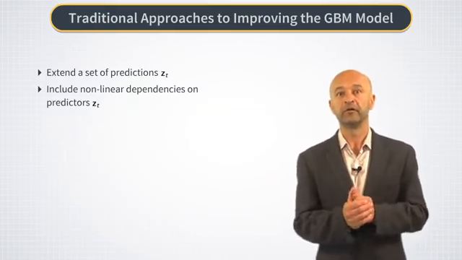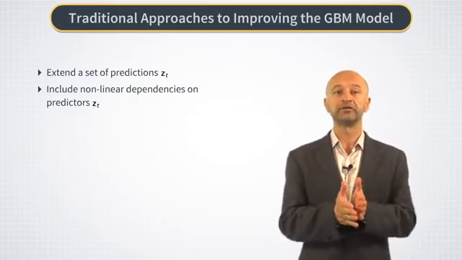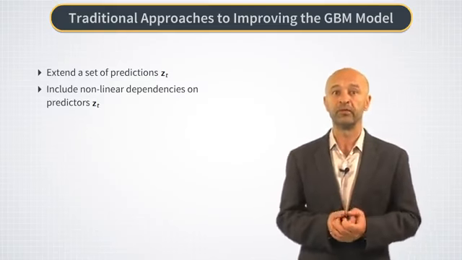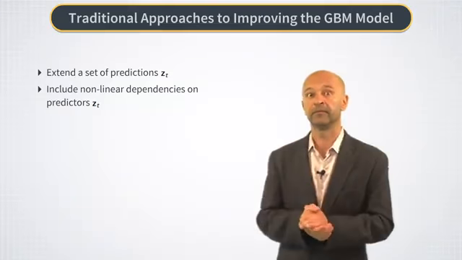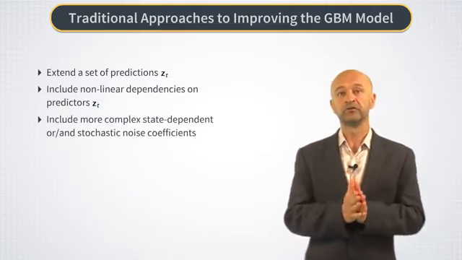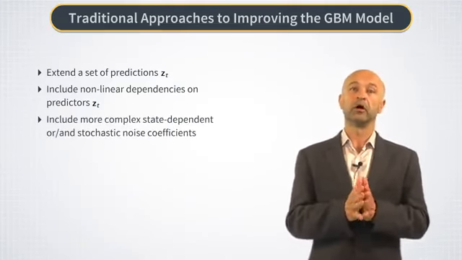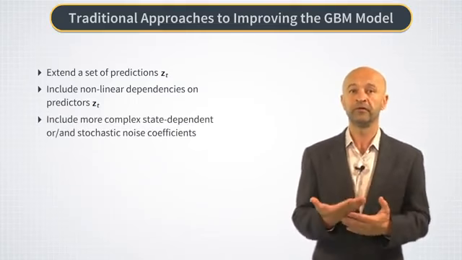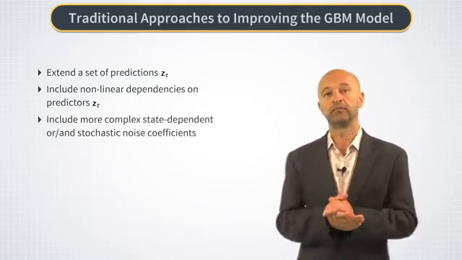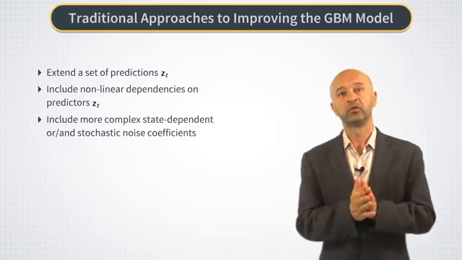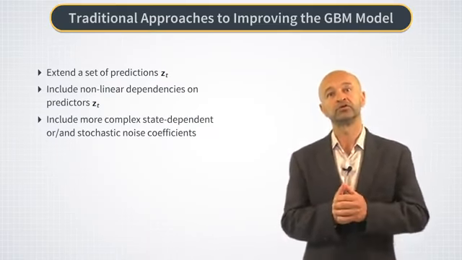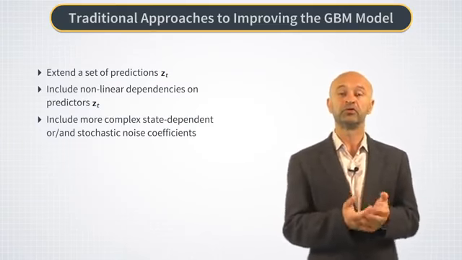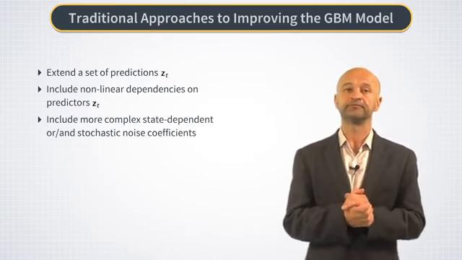And the objective there would be the same as in the first class of approaches, namely to improve the predictive power for better trading. The third class of extensions of the GBM model focuses instead on modifications of the noise term. This approach is pursued in methods based on risk-neutral valuation and used in particular in derivatives pricing.